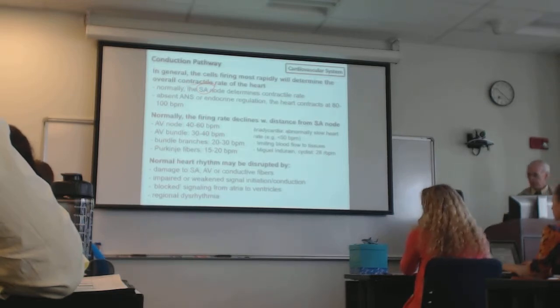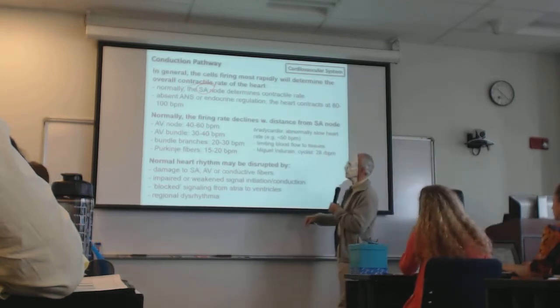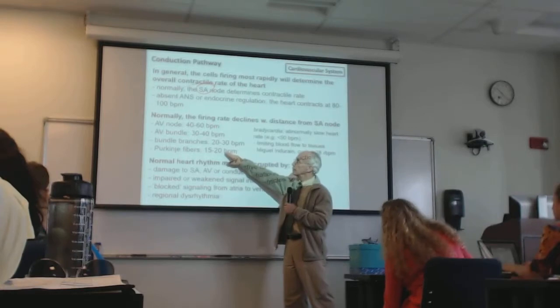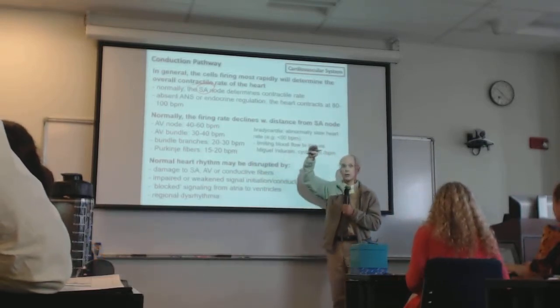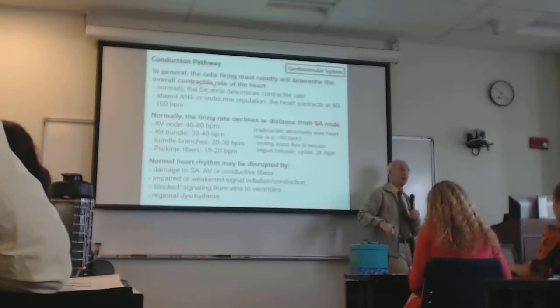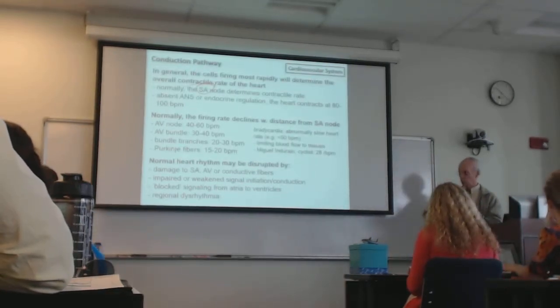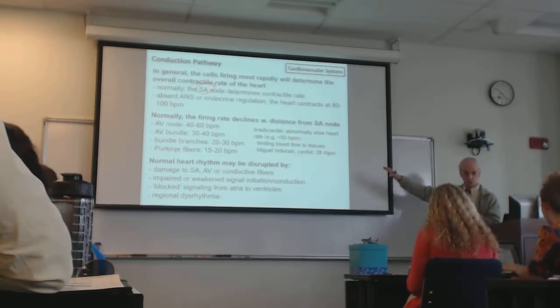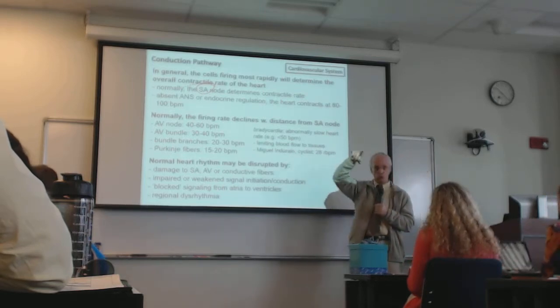And if we're getting down to the Purkinje fibers and the contractile myocytes, in some cases we're getting close to 15 or 20 beats per minute. So the idea here is as we move farther away from the SA node, the inherent rhythm of contraction decreases. Now, there are a number of factors, especially in your line of work, that will cause these numbers to change, but that's the general rule.